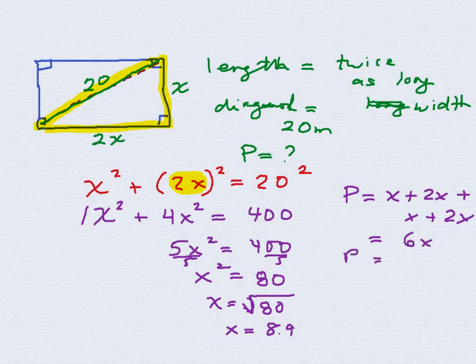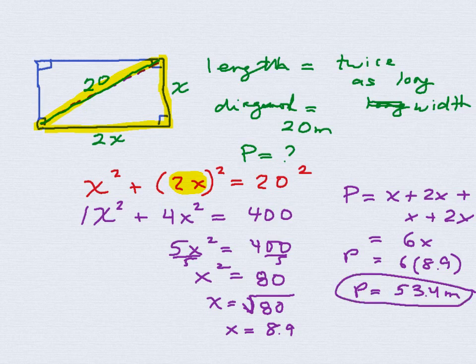Then you go off to your calculator and you type in 6 times 8.9 to get your answer. And this answer, the sum of all the sides, is 53.4. Therefore, the perimeter, if it was in meters originally, would be 53.4 meters.